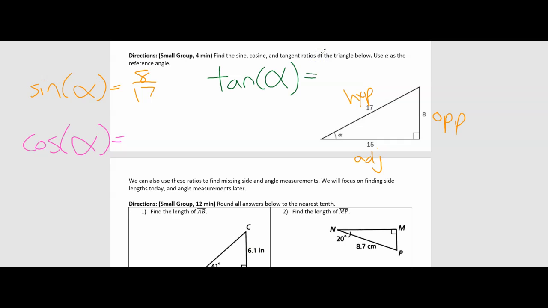Cosine, adjacent over hypotenuse, 15 over 17. And tangent, opposite over adjacent, 8 over 15. These ratios will help you solve for missing sides, and that's what we're going to get into next.